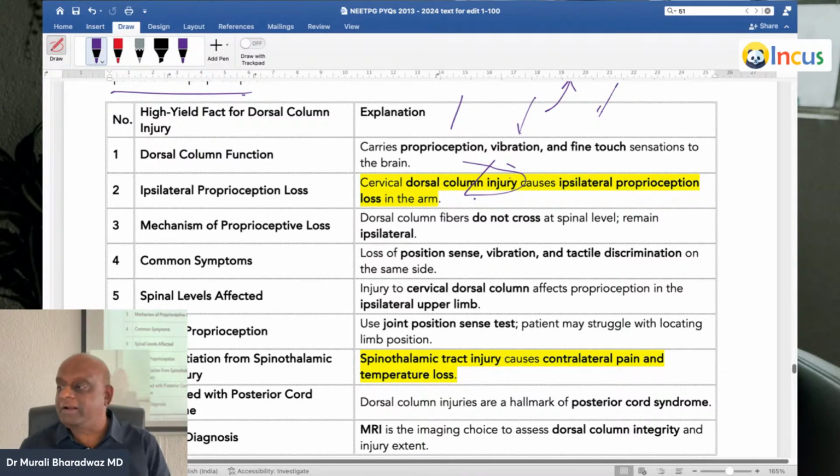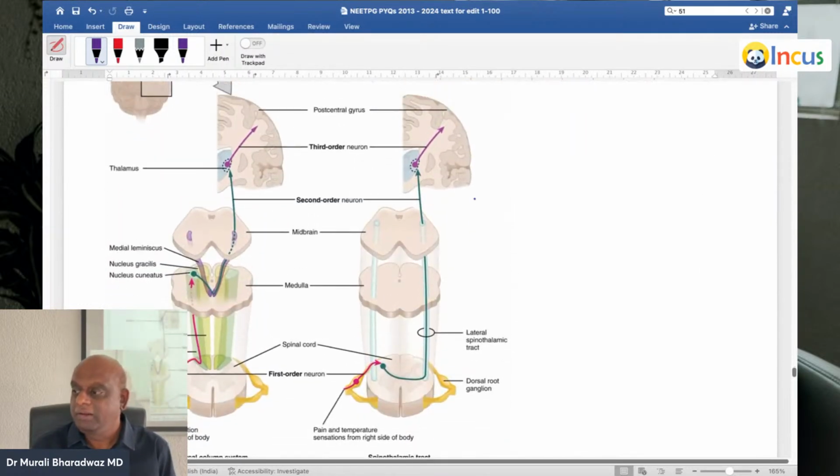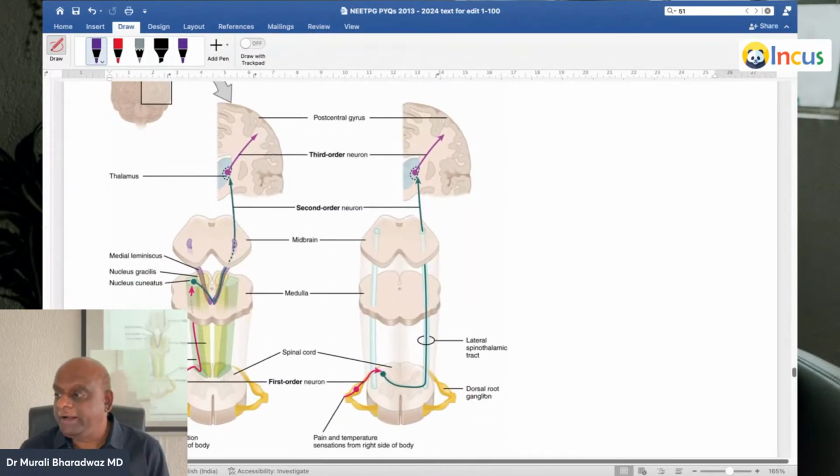Whereas the spinothalamic tract, what it will do, doctor, you can see here. So typically the dorsal root ganglion is sensory. The proprioception-bringing fibers will pass ipsilaterally and reach the lower part of the medulla. So you have nucleus gracilis and nucleus cuneatus.